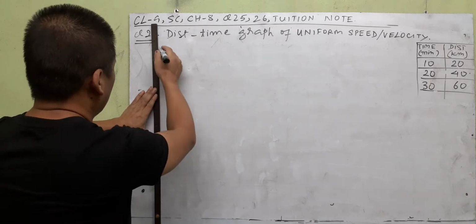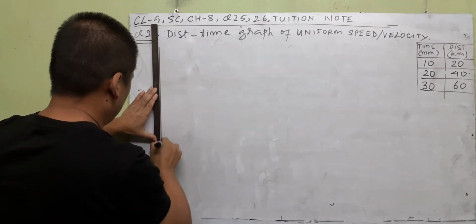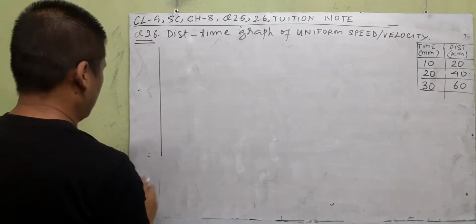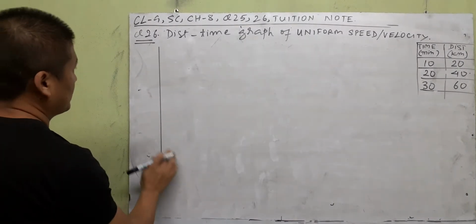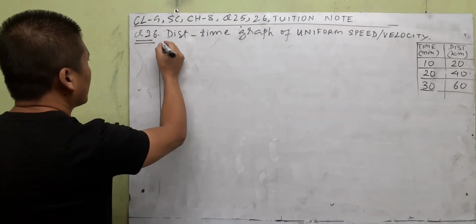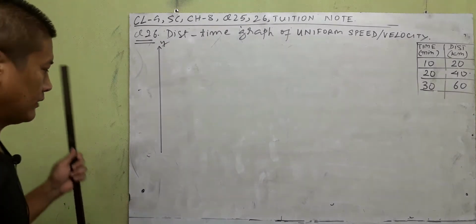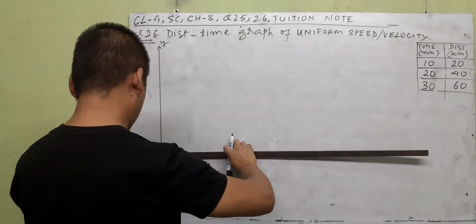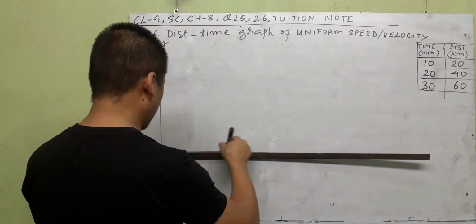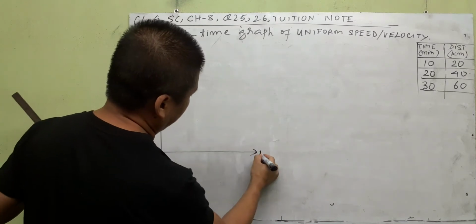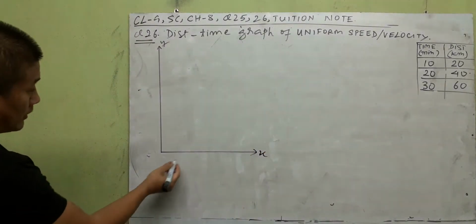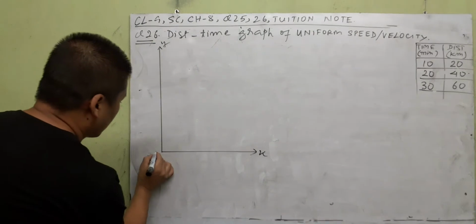So let's do it here. This we know is called the y-axis, the vertical line. And the horizontal line on your graph paper is called the x-axis. Where the two lines meet is called the origin, 0.